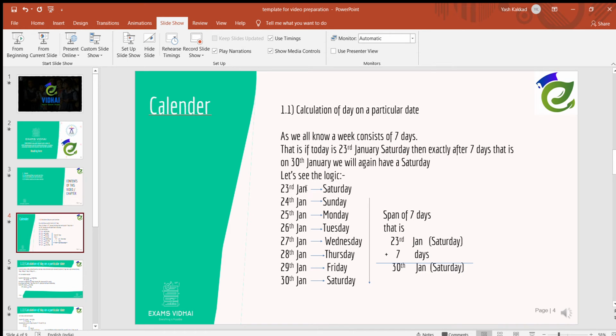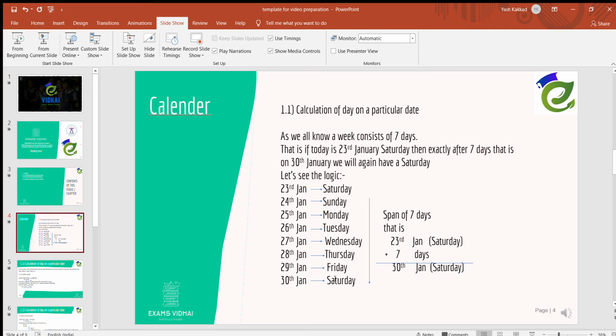So there is a difference of 7 days between 23rd of January and 30th of January. So exactly, that is 23rd plus 7 equals 30th January. Exactly after a period of 7 days, we would again have a Saturday on 30th of Jan.